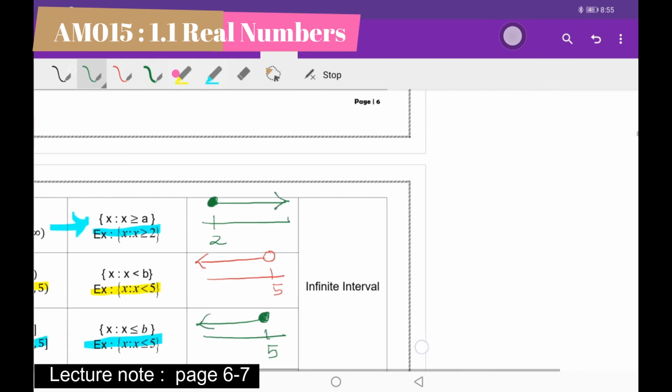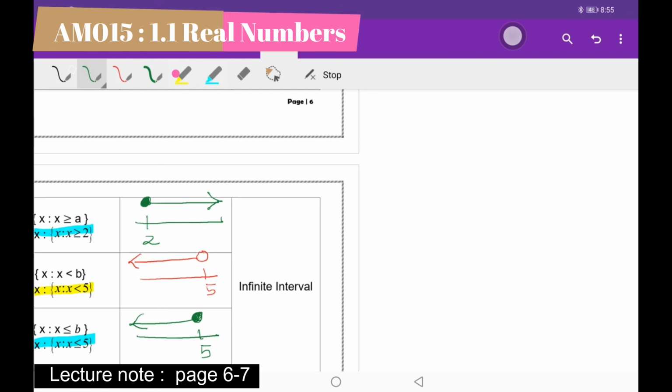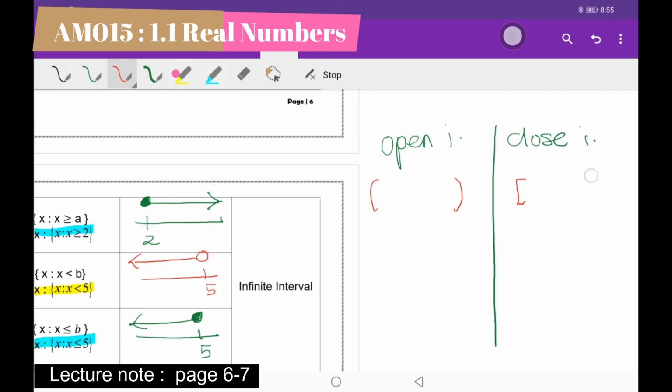So in conclusion, today you already learned about open interval and also closed interval. Okay, open interval is when you are dealing with a circle bracket. However, closed interval is when you are dealing with a square bracket. In order to draw a number line for a circle bracket, you need to use an empty circle.